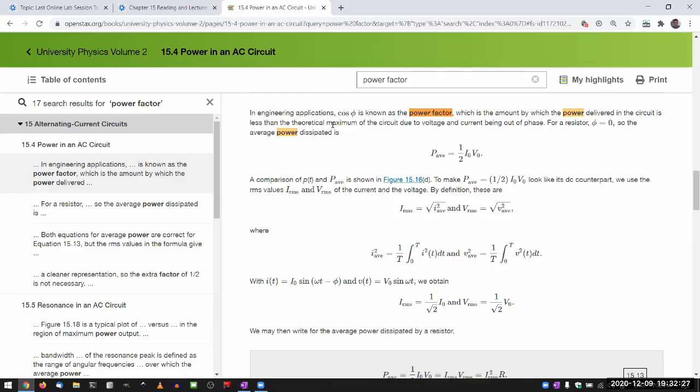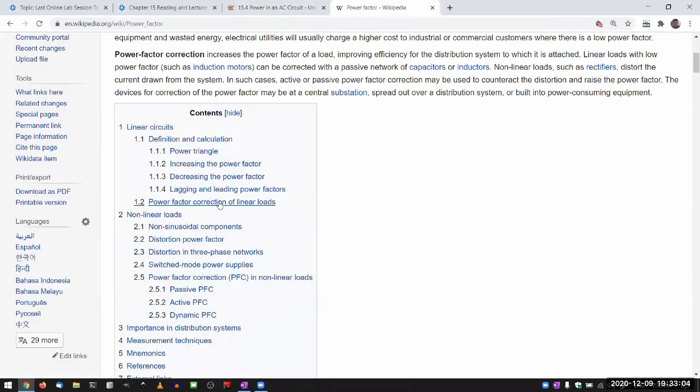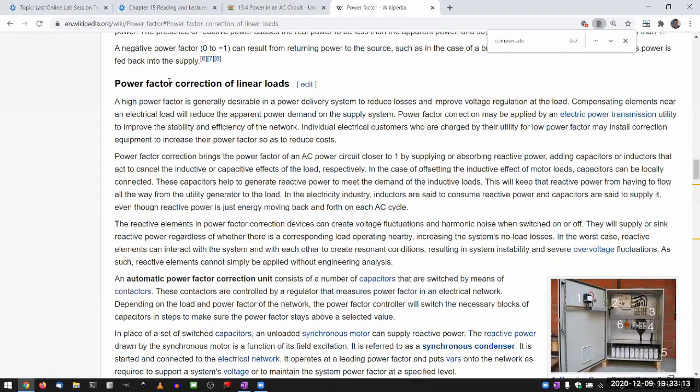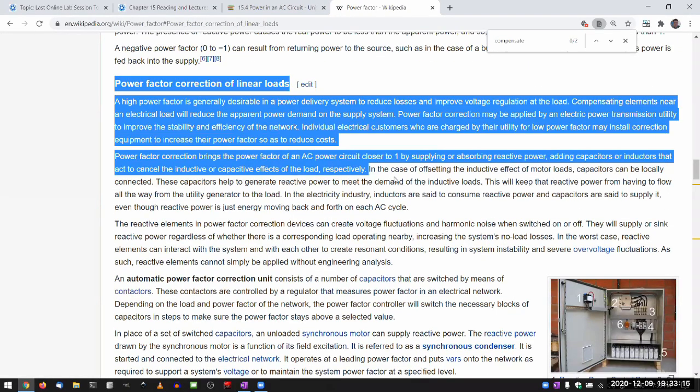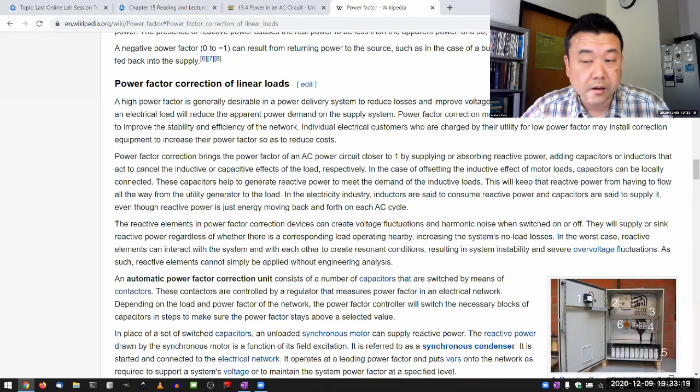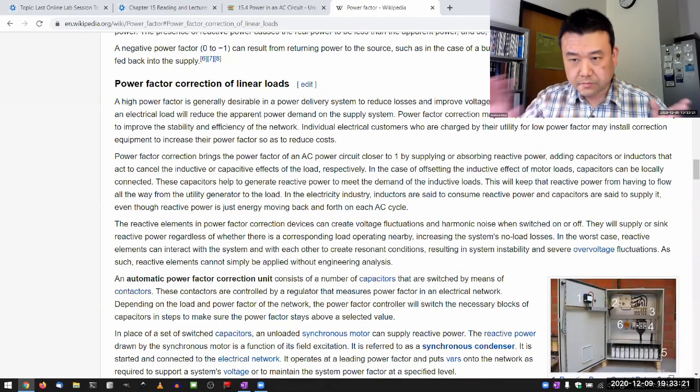And if you are not careful, there are ways where you can be wasting a lot of power. So there are some considerations that people use, power factor correction of linear loads. I think this is what it's talking about. It's the kind of thing that electrical engineers would consider. And that's where I want to end in about 30 minutes or so.